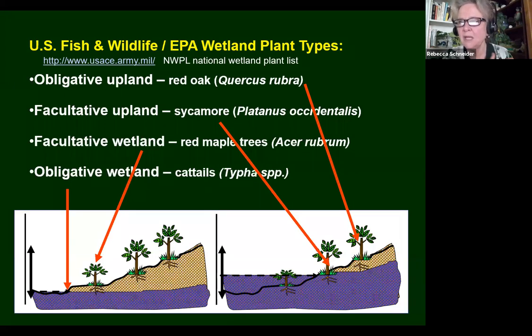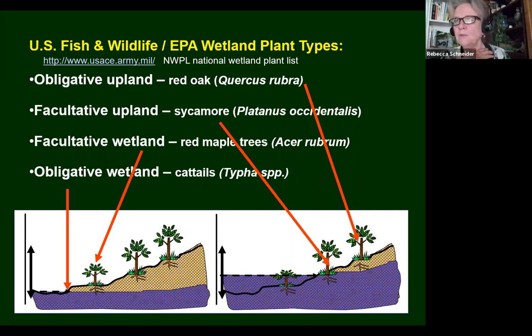But they developed a database for every single plant that occurs in a wetland and whether it is obligate upland, that means it can't handle flooding, obligate wetland, which means it has to stay flooded all the time, a facultative wetland, which can handle some flooding, some dry, doesn't matter too much, and facultative upland, which tends to prefer drier conditions but can handle some flooding.